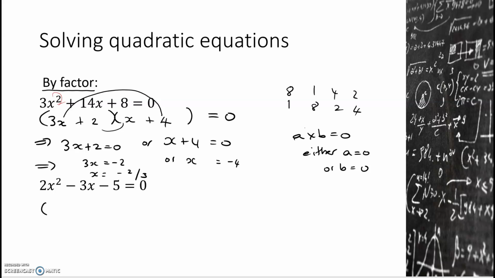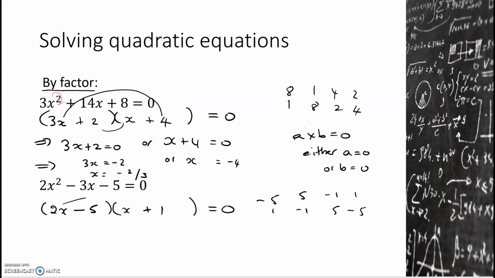The second one, factorizing again, 2x and x. Now this time we have even fewer factors of -5. We could have -5 and 1, 5 and -1, -1 and 5, 1 and -5. I'm going to go with the first one I chose, -5 and 1.